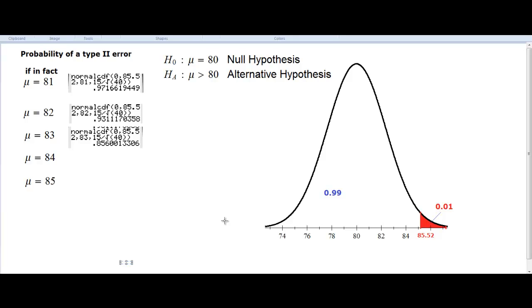So you can see it goes on declining as we go to the right. So let's look at a scenario where mu in fact is, say, 90 units. Okay, sorry about that.